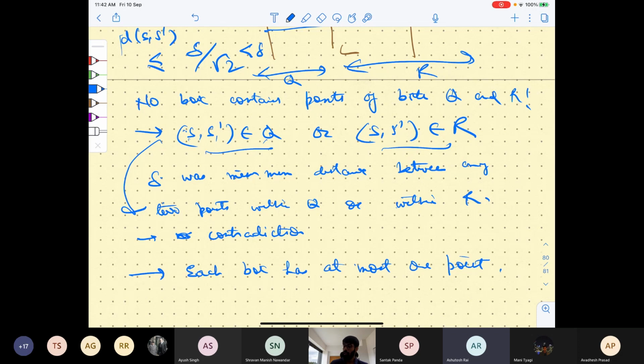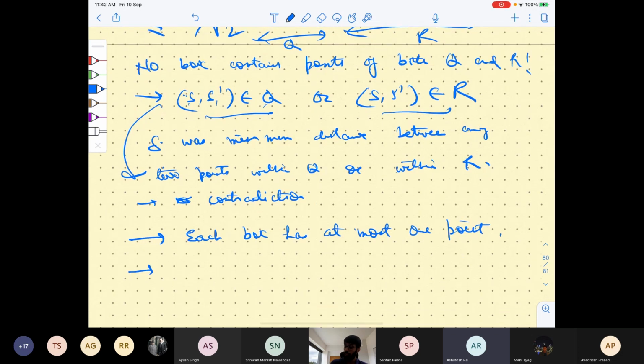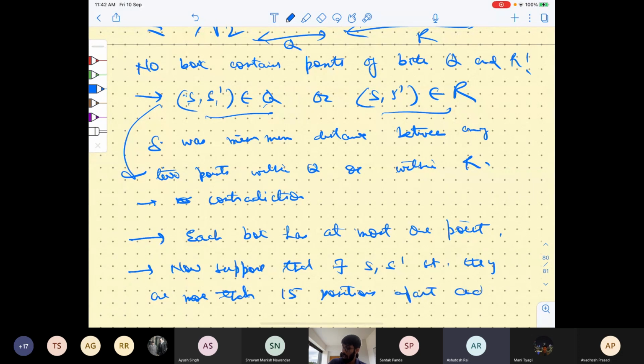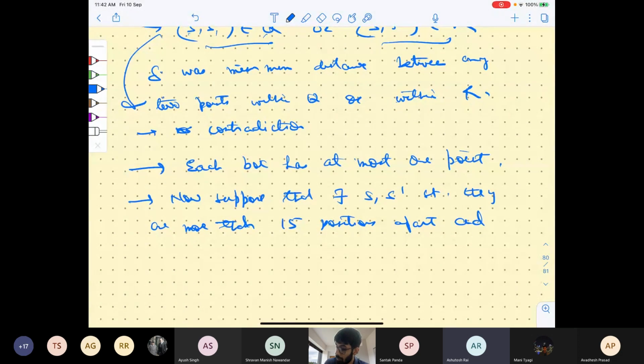Good. So now suppose, for the sake of contradiction, that there exist S, S prime such that they are more than 15 positions apart, and D of S comma S prime is less than delta, apart in SY, right?